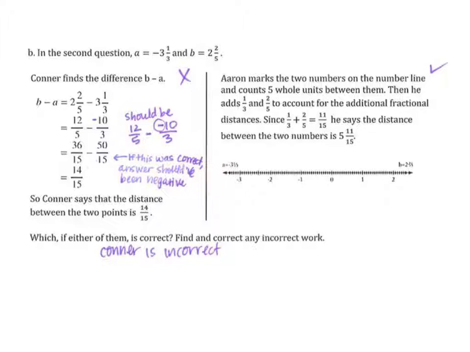On the third step, if this was correct, then our final answer should have been negative because 50 is bigger than 36. And if we have a positive subtracting a bigger number, we have to have a negative number. So there were actually 2 mistakes in Connor's work. Aaron's work was totally correct, and if I was to fix Connor's mistake, I would end up with that same answer of 5 and 11/15.